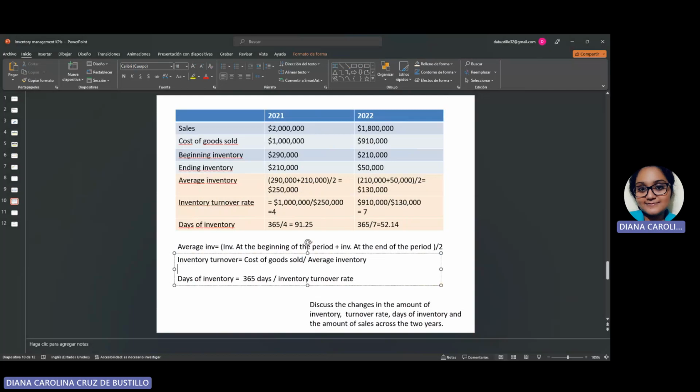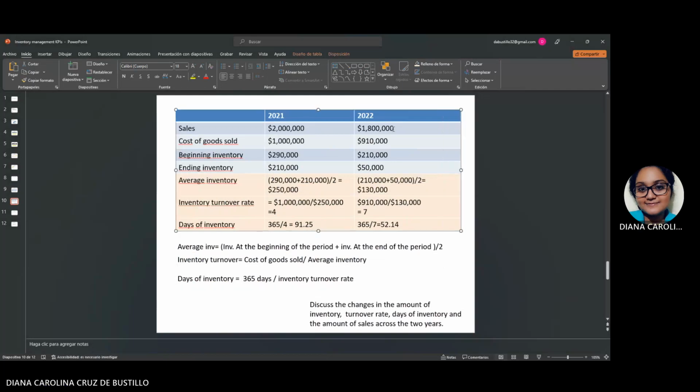Therefore, if a customer comes and wants more product, you will not have it at the moment, and you might be at the risk of losing sales. So it could be that perhaps they didn't have much availability, and therefore they couldn't sell as much as they did in 2021, right?